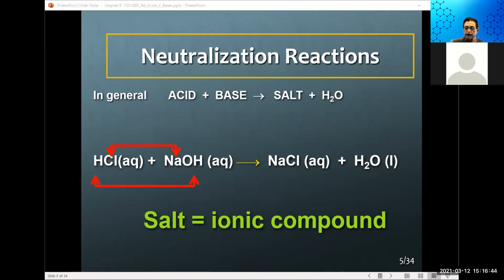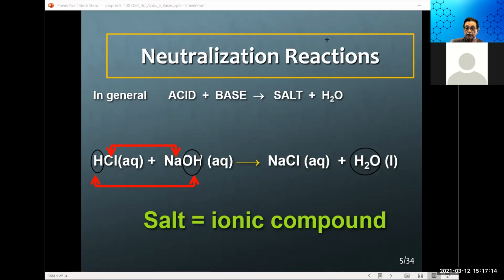So if I take an acid, in this case, hydrochloric acid, and I react it with a base, I get water. So I got the H, the proton coming from the acid, the hydroxide coming from the base to give me water. See that?